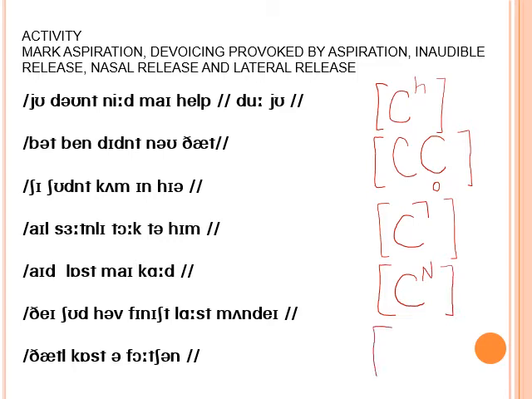And the lateral release, when you have the consonant and you have a small capital letter L, between the plosive affected and the lateral that follows. So, if you need to copy these sentences, just pause the video and copy them.